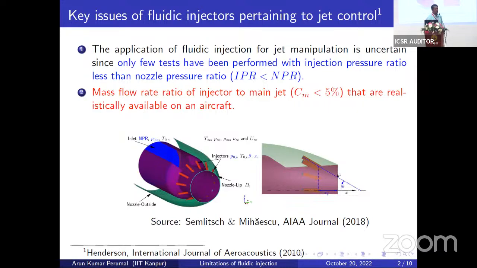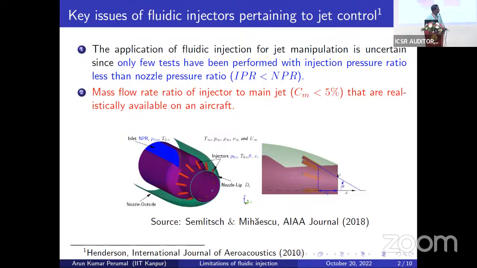But in an actual engine, I cannot withdraw or bleed about 10% of the mass and pump it to the fluidic injectors. If I do that, only 85% of the mass goes to the engine, and there will be a significant loss in thrust. One cannot bear that. So there is a cap on that as well. One can bleed about 5% of the mass from the engine to the fluidic injectors for making those manipulations.